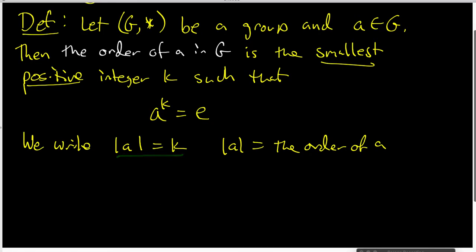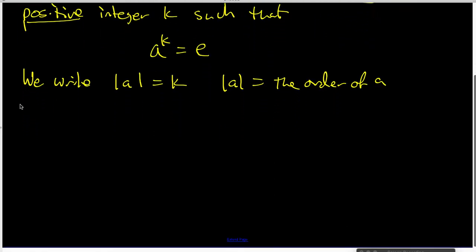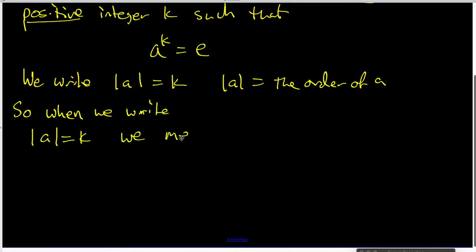And the next thing that I want to do is make sure it's clear what I mean by the smallest integer such that this is true. So when we write the order of a is equal to k, we actually mean two things. First of all, yes, a to the k is going to be equal to the group identity element.